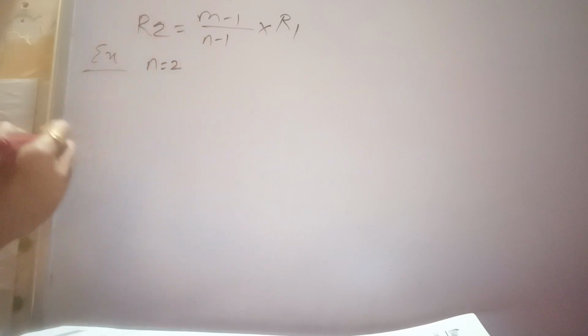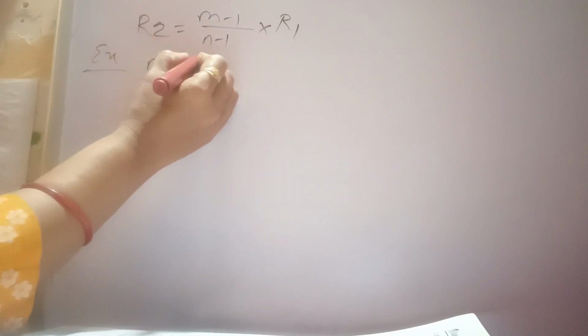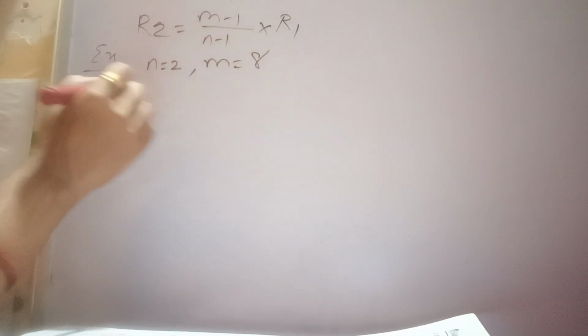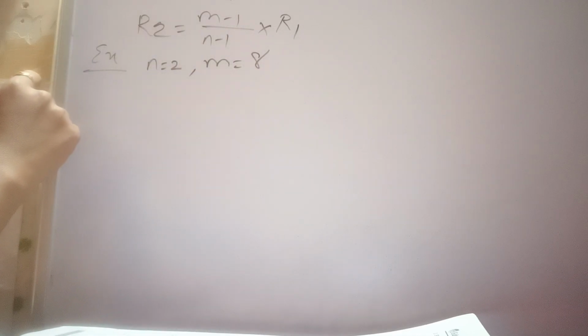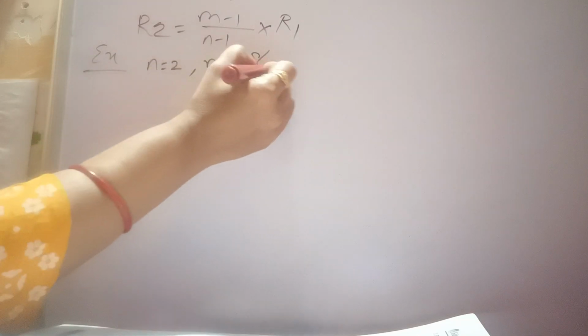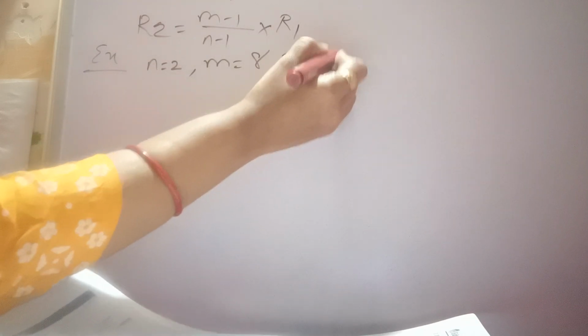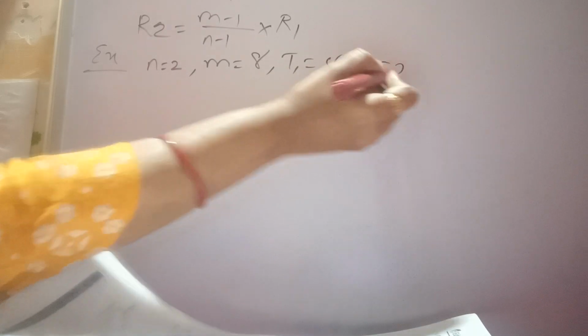The question is: a sum becomes 2 times in 5 years at a certain rate of interest. Find the time in which the same amount will become 8 times at the same rate of interest. Here n equals 2, m equals 8, and t1 equals 5, and we have to find t2.